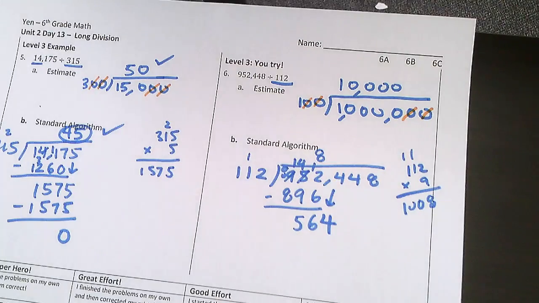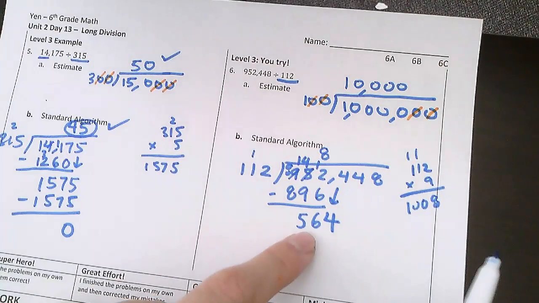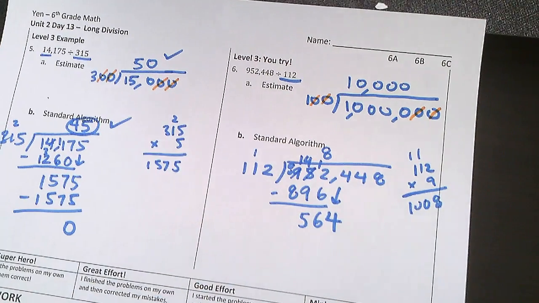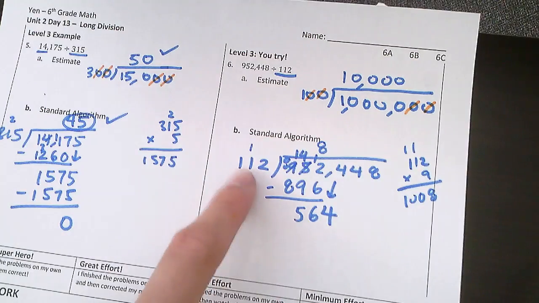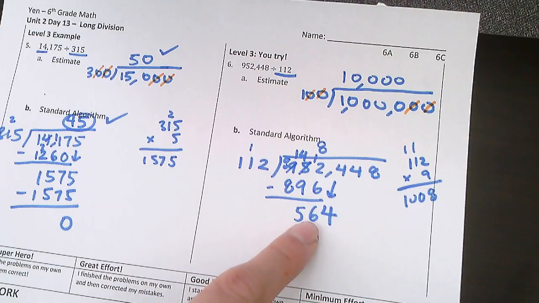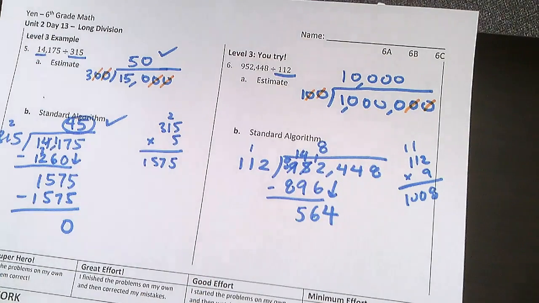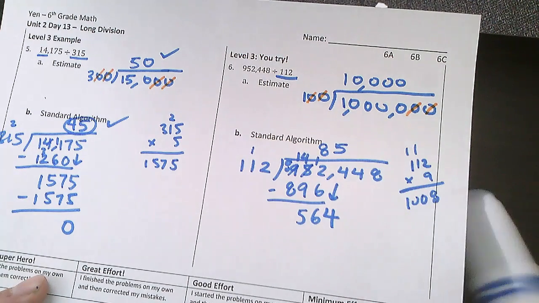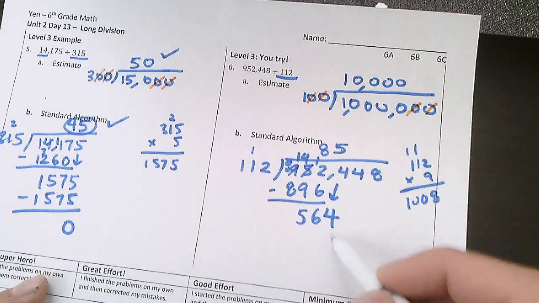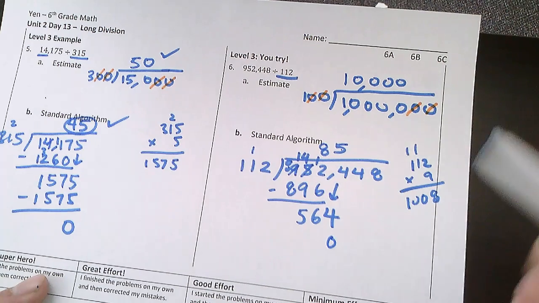How many times can 112 go into 564? Well, if this was 100, 100 times 5 gets me 500. 100 times 6 gets me 600. So I'm guessing probably 5. Alright. 5 times 2 is 10.